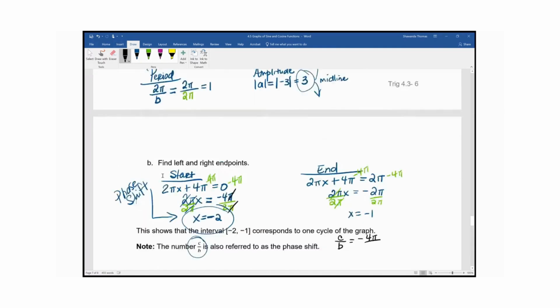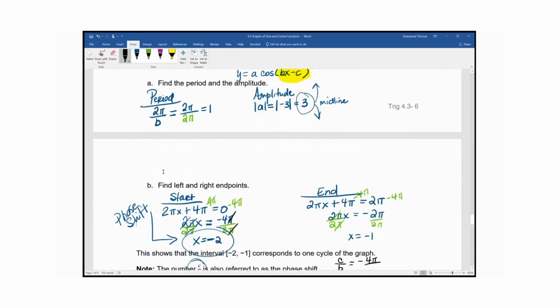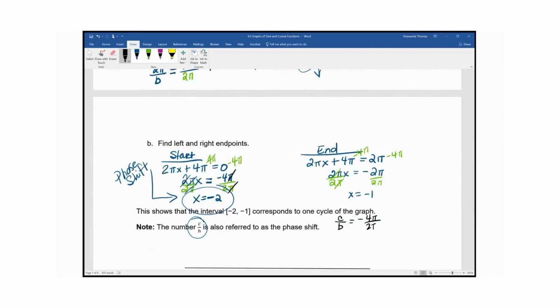And what is B again? 2 pi. And if we simplify this, -4 divided by 2 is -2. So if you wanted to figure out the phase shift from this formula, you could. But if you're doing the start and the left and right endpoints, then you already are finding the phase shift from the left endpoint.